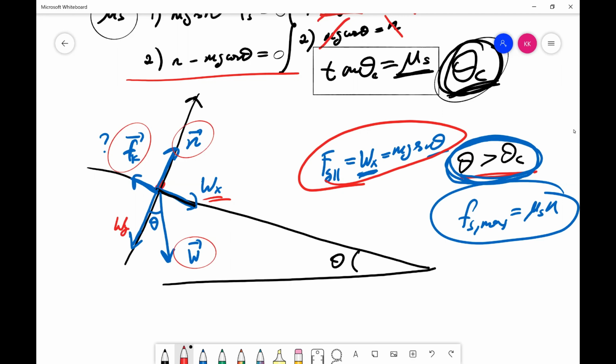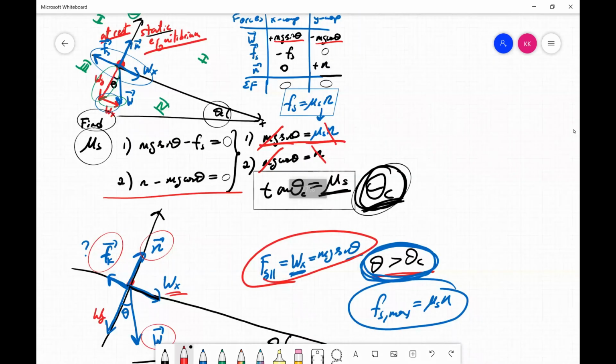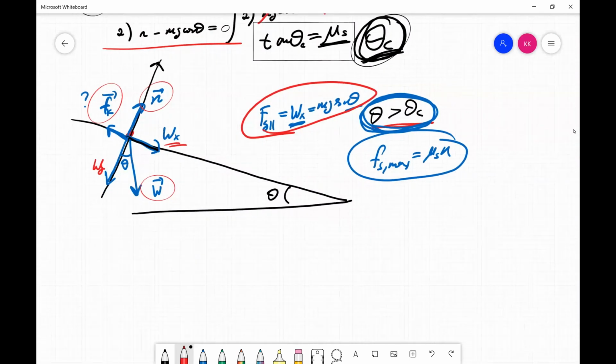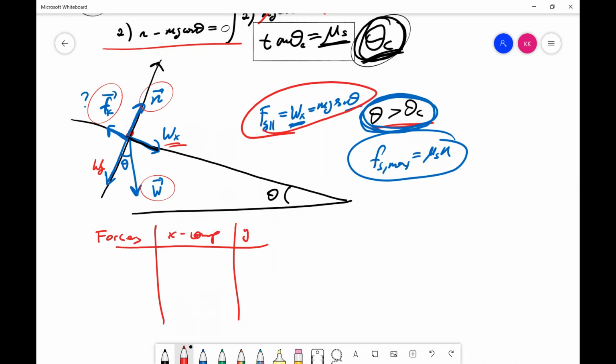And as soon as it starts sliding down, the force of friction changes right away from static to kinetic. That means if I'm looking at a table, I have gravitational force, kinetic friction, and normal force.